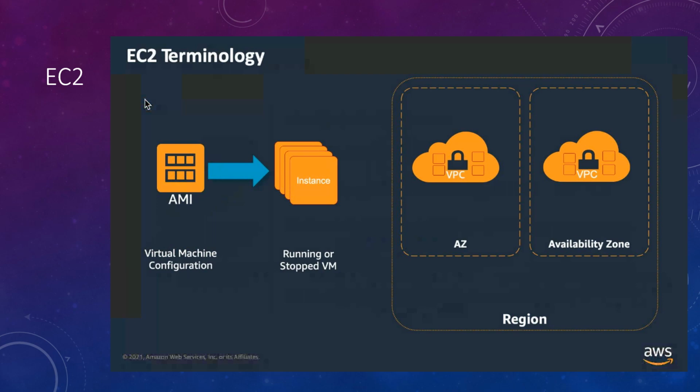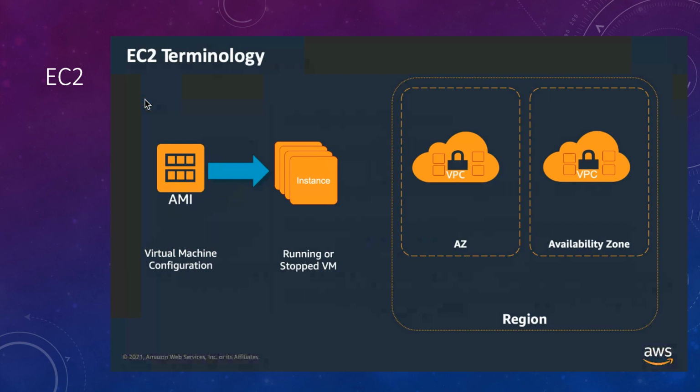The machine image is what's used to create an instance. So for example, when you create an instance, you select which machine image you want to use. And the machine image might be a Linux or a Windows image. It might have more CPU or less CPU. It might have more RAM or less RAM, and so on. So you use an AMI to create any instance.